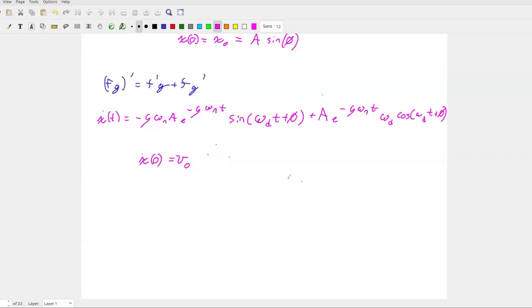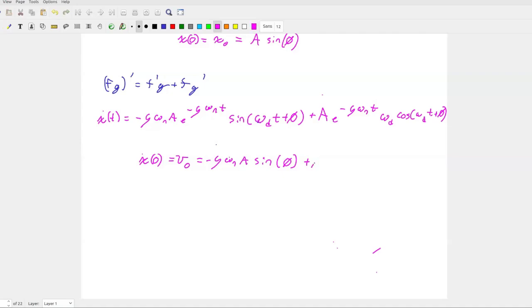So I get negative zeta omega n A sine of, again, t equals 0, so sine of phi, plus A, again with t equals 0, you put 0 up top, e to the 0 is 1.